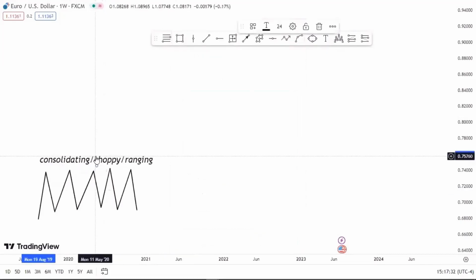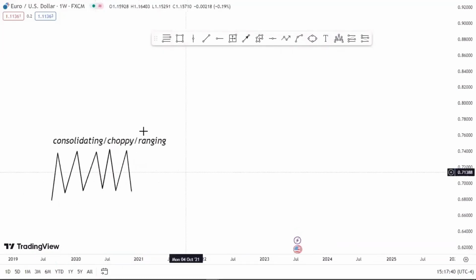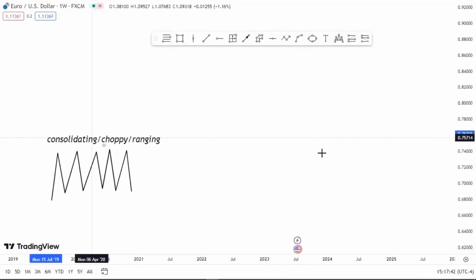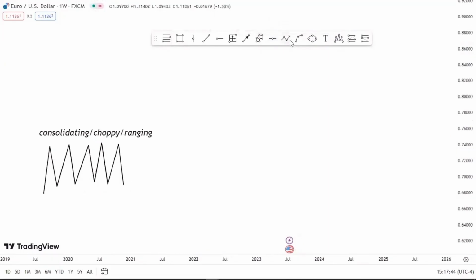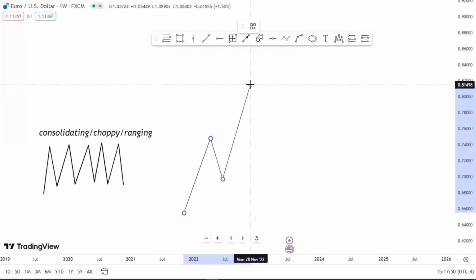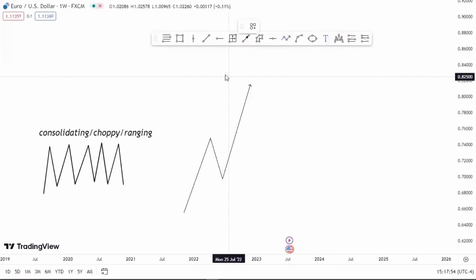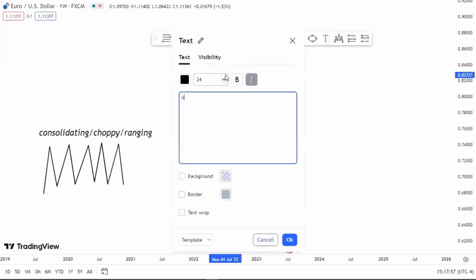What do I mean by moving sideways? It means it is not going in any clear direction. It's just trading between two short ranges. So this is a choppy, consolidating market. So that's one direction. The second direction is like this. This is an upward.